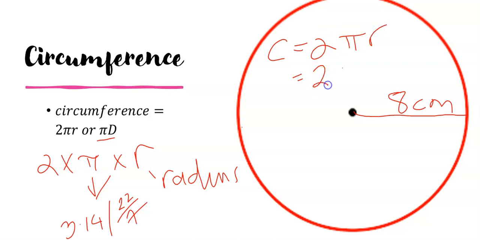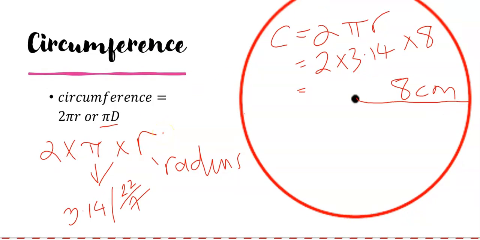So it's going to be 2 multiplied by 3.14 multiplied by the radius, which is 8, and we would get our answer. Now I'm going to approximate because I do not have a pen or a calculator near me. So I'm going to approximate to 51 centimeters. You can verify with your calculator.